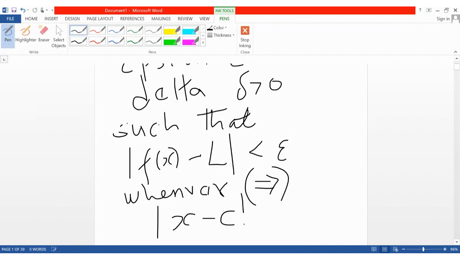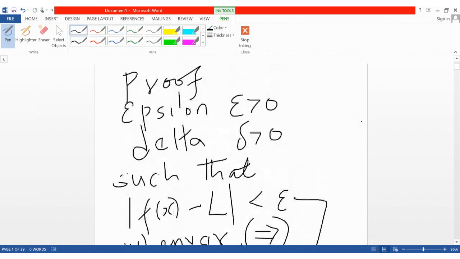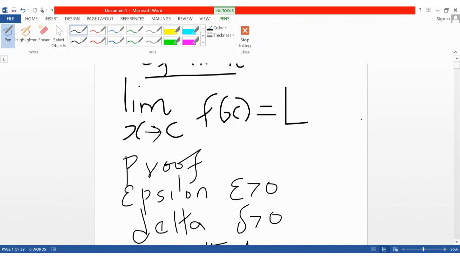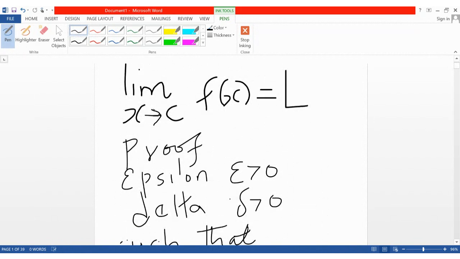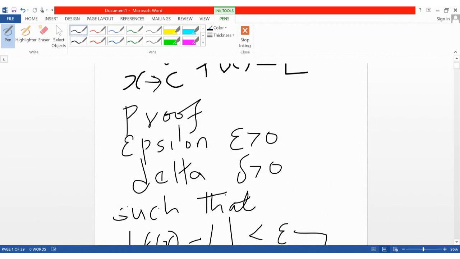Basically, you want to prove a relationship between what? Epsilon and delta. If you can prove there's a relationship, that they are related, then you've been able to prove it. Let me go back again. We are saying the limit as x approaches c of f of x is equal to L. Then to prove it, there's an epsilon greater than 0 and a delta greater than 0. The c relates to delta, the magnitude.